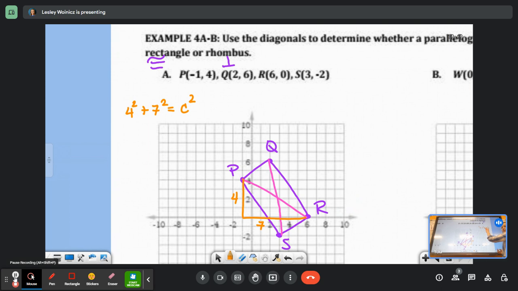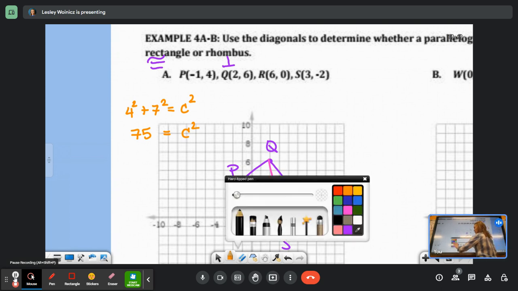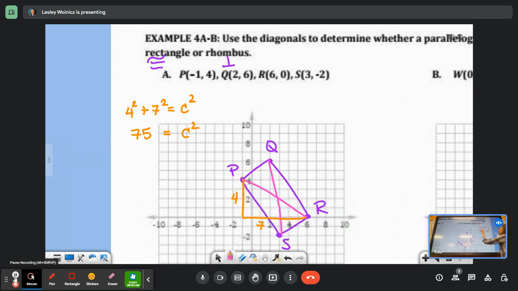What is 49 plus 16? 65. Okay, we don't want squared, we want just regular c. So we have to undo the squaring with square root.